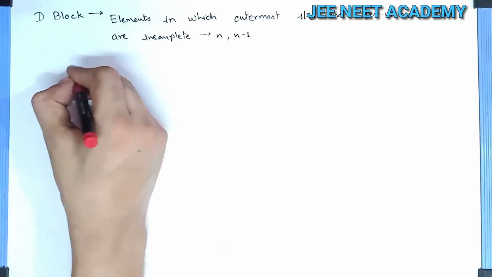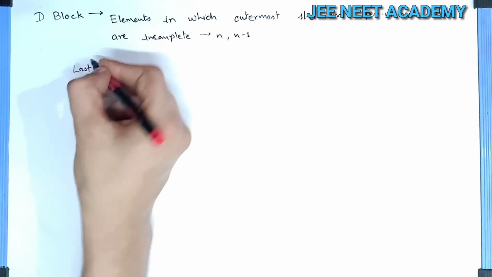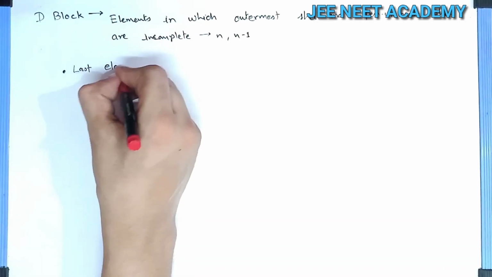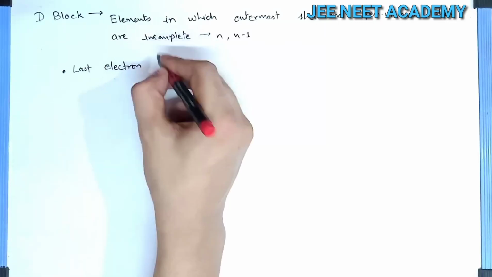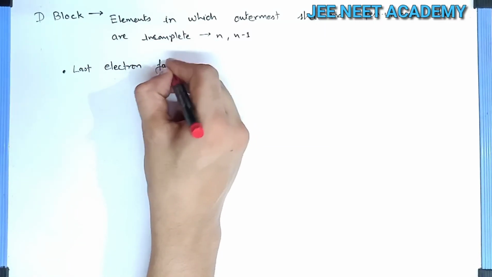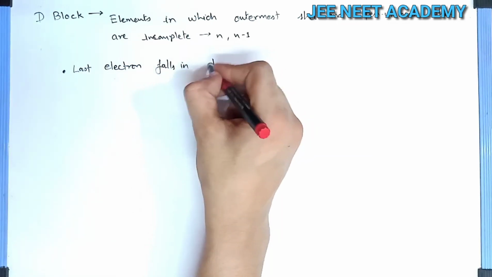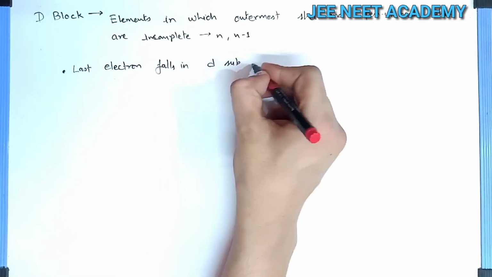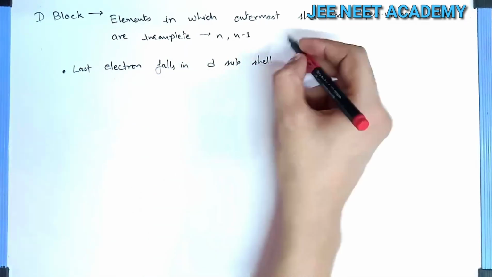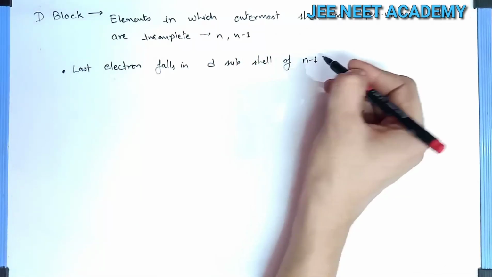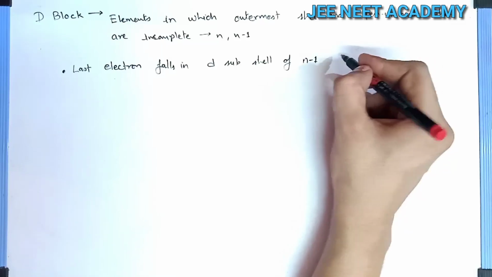Next point, the last electron falls in the d subshell of n minus 1, that means the penultimate shell.